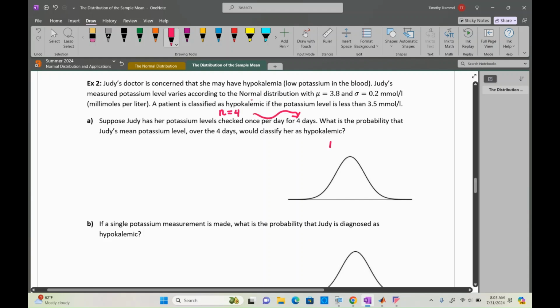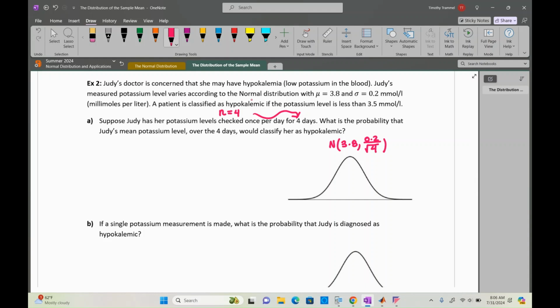And so our normal distribution that we're going to be working with is a sampling distribution, but its mean should be that of the population, which is 3.8. For our standard deviation, we want to take the population standard deviation and divide it by the square root of the sample size. So there's our normal distribution. Judy's potassium level would be considered hypokalemic if it were less than 3.5.